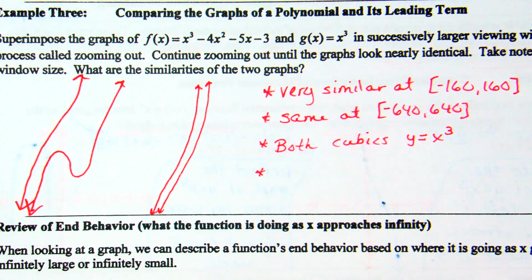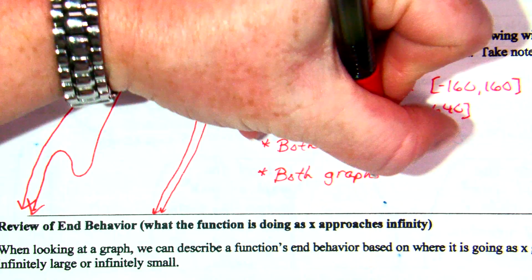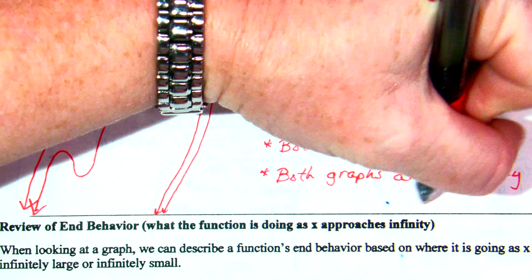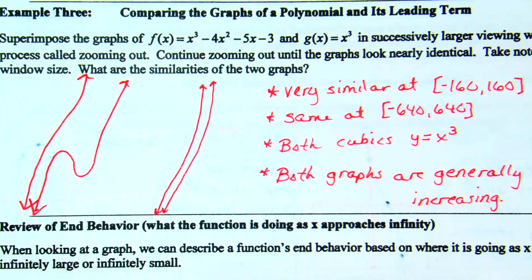Generally speaking, they are both increasing. So that's the other thing I'm going to note here, is that both graphs are generally increasing. I'm not going to specify and say increasing because they're not always increasing, or the one isn't, but they are close.